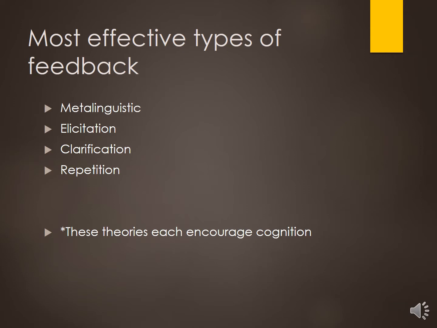So metalinguistic would be on the high end of that, really getting that thinking process going, and then down to repetition, where the speaker is going to be hearing the correct version and then being able to move from there. And it's all about encouraging that cognition. But these definitely are the most effective.